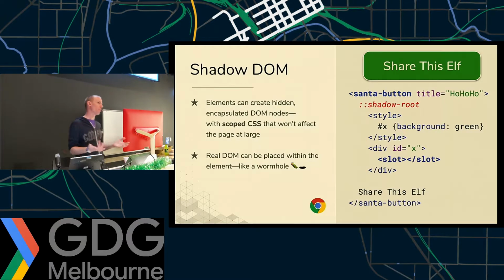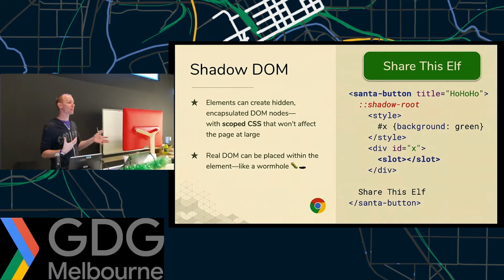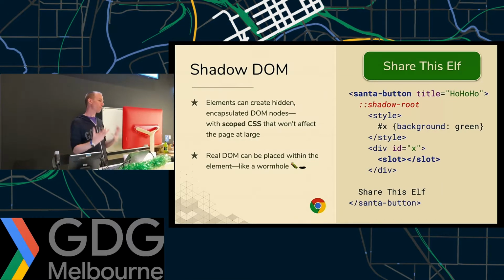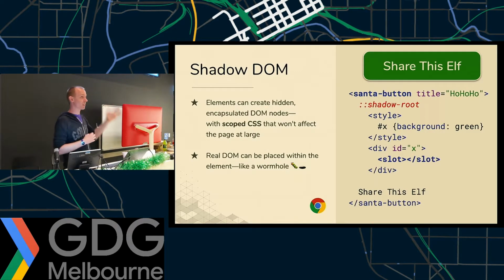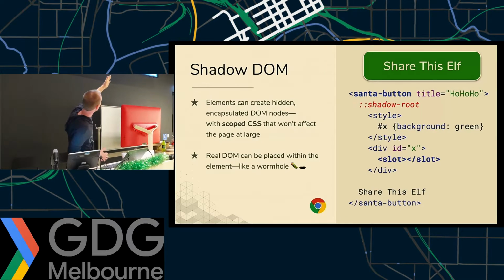The most important part of web components is really the shadow DOM, which I hinted at, but haven't really mentioned directly. This is the real magic of web components. I can create that element, that Gmail message, or in this case, a Santa button. And this shadow root thing here doesn't really appear on my page. It's still there, right?